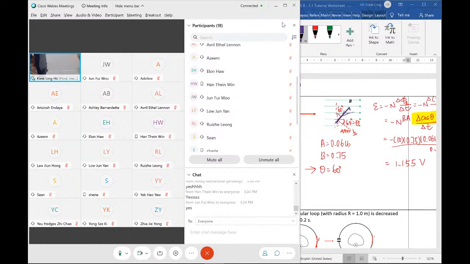So compare your right hand grip rule with the coil. Like this. This is how your current will go based on your fingers.